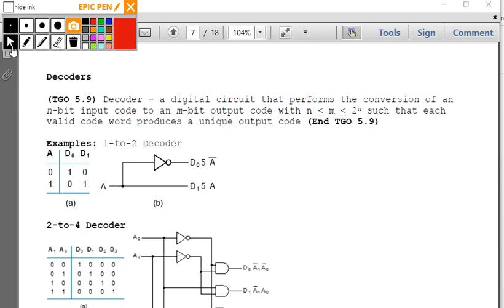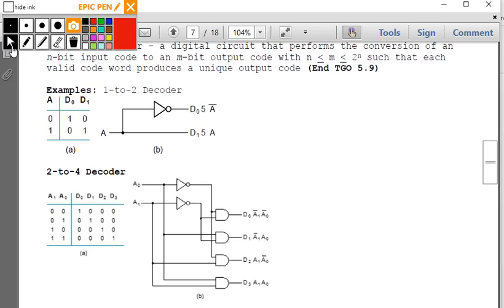And then when A becomes 1, this output is going to become inverted, so this is going to become 0 and 1. So the values are the opposite. So you're actually just using this 1-bit value to decode it. And the same thing with a 2 to 4 decoder.